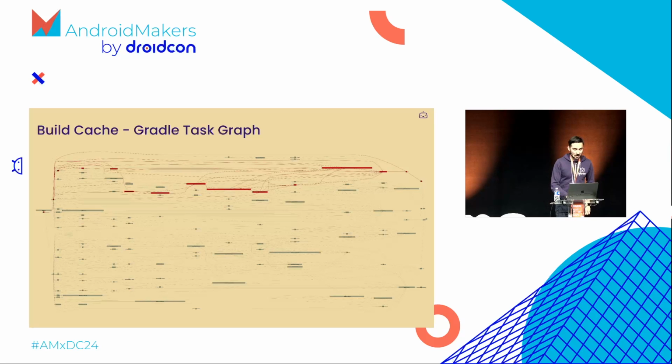So this is a Gradle task graph that you can see here. If you look at the top, we highlighted in red one of the given paths that is basically taking the most time. And this is the main reason for the execution time to be that high.